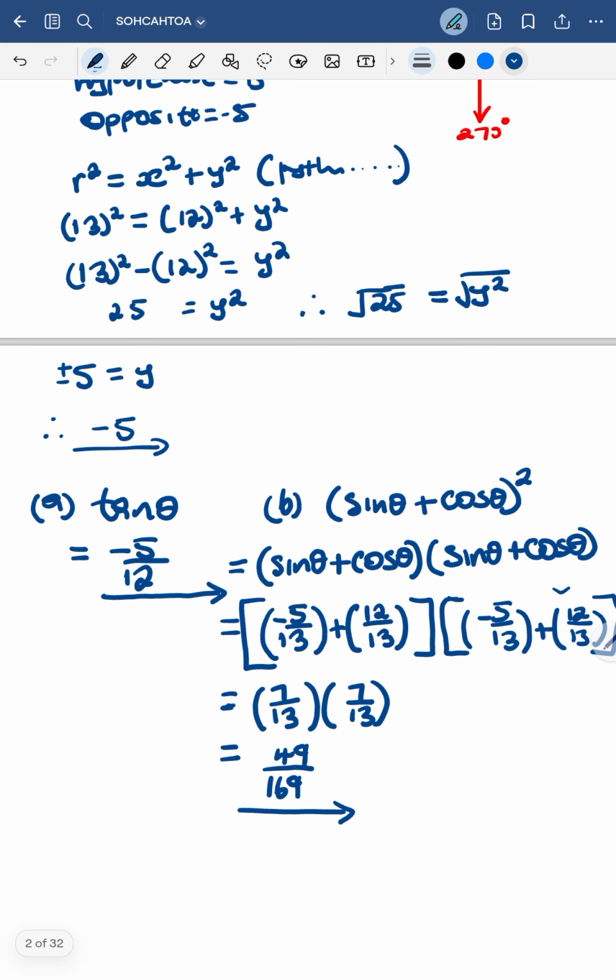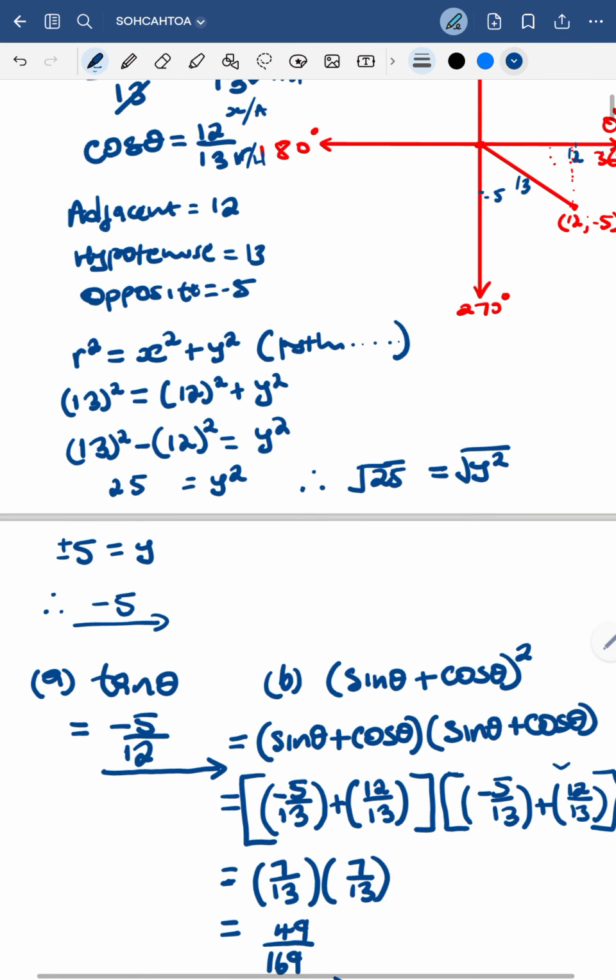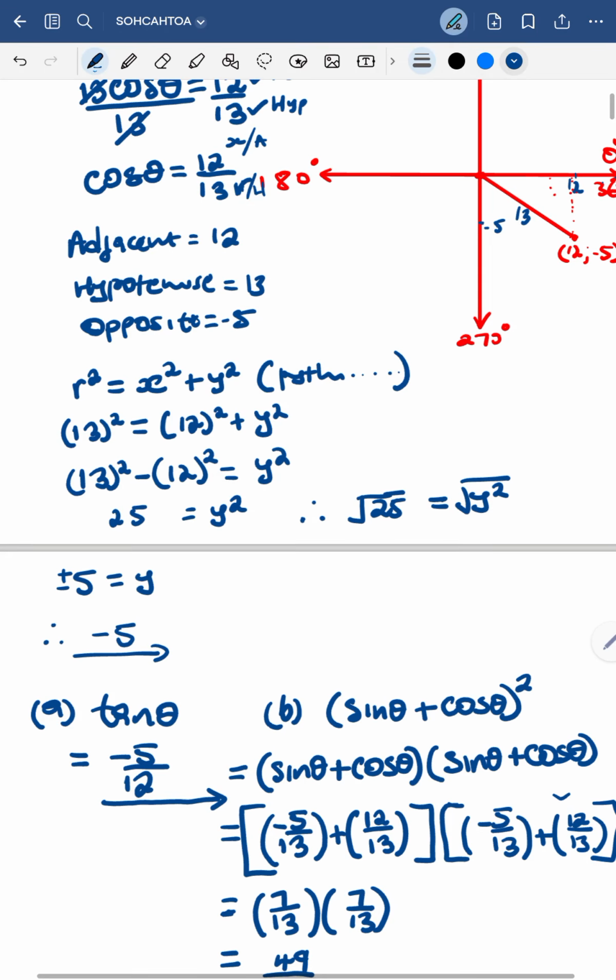Okay, so this is what you should do when you are given a problem that needs you to interpret the Cartesian plane through the interval. Okay, so that's what you should do there.